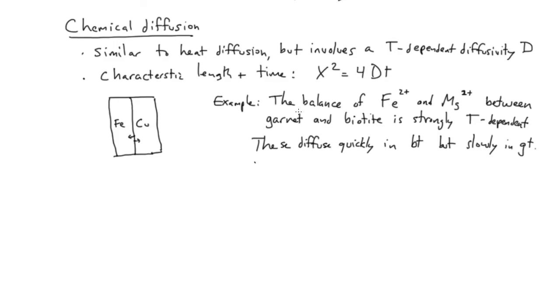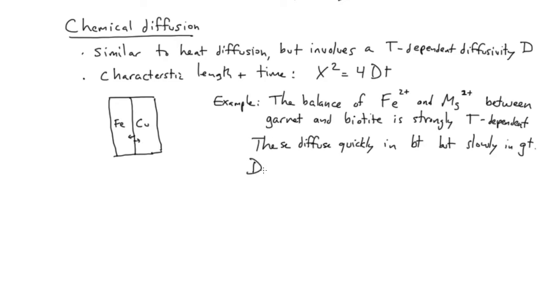So what we're saying here, basically, depending on the temperature, iron and magnesium are going to like to be at different concentrations when these minerals are next to each other. If you turn up the temperature, for example, maybe garnet is going to want to have more iron than if the temperature was lower. And so the magnesium and the iron move back and forth depending on the temperature.